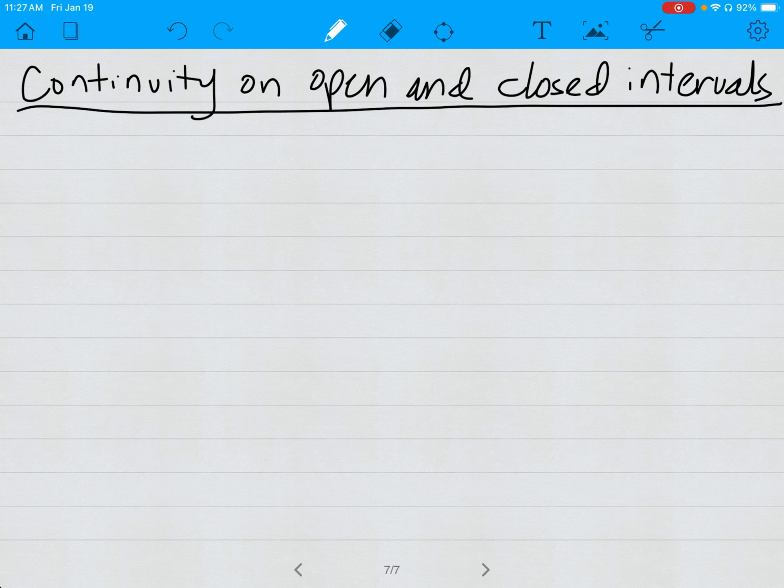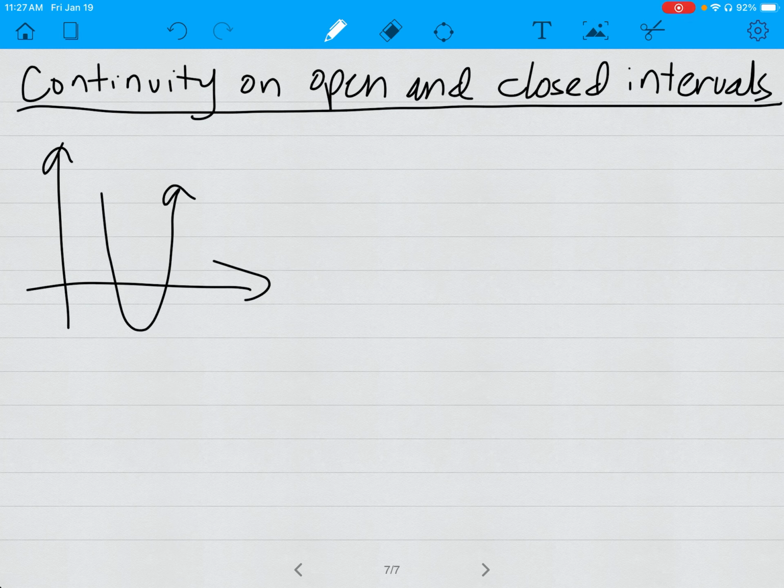But the idea with an open interval, if I'm thinking about, for example, let's just look at a quadratic function here.